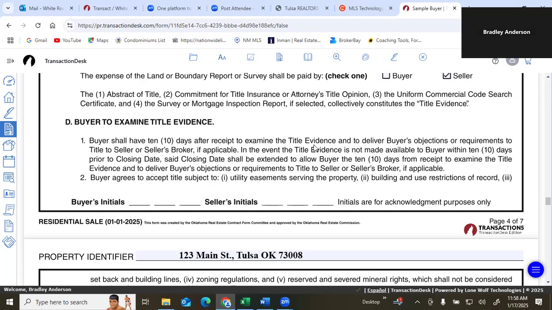All right, so you've got 10 days to examine the title evidence and deliver buyer's objections or requirements to the title to the seller or seller's broker if applicable. In the event the title evidence is not made available to the buyer within 10 days prior to the closing date, said closing date shall be extended to allow buyer 10 days from the receipt to examine the title evidence and to deliver buyer objections or requirements to title to seller or seller's broker if applicable.